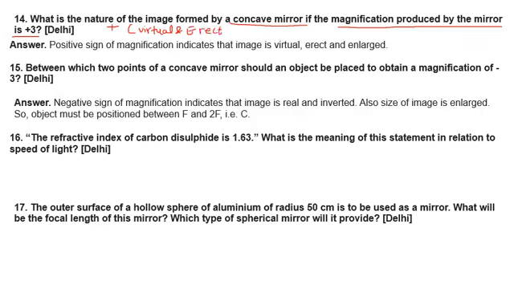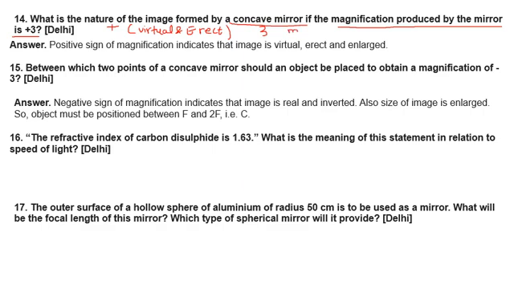Whichever word you want to use, you can use. So plus stands for virtual and erect image, and because 3 is more than 1, the image is enlarged. The size of the image is more than the size of the object.